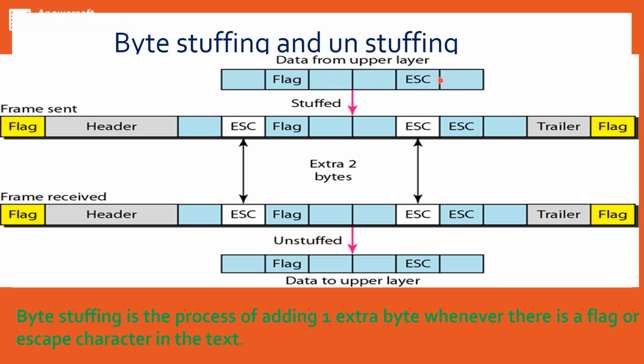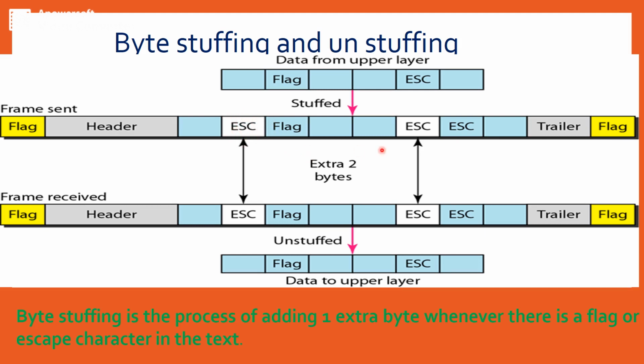Suppose this is the data from the upper layer, so at the sender node we add one extra character called the escape character, because here we are having the flag value. Since we are having the escape character, we add one more escape character. So this is the frame which is sent from the sender node along with two extra characters which are stuffed.